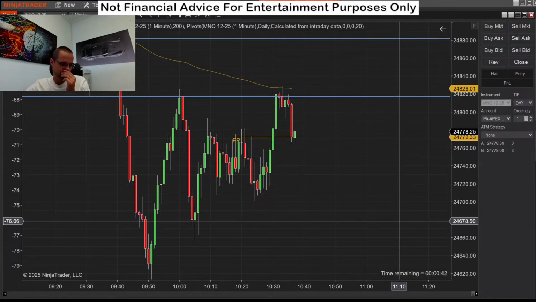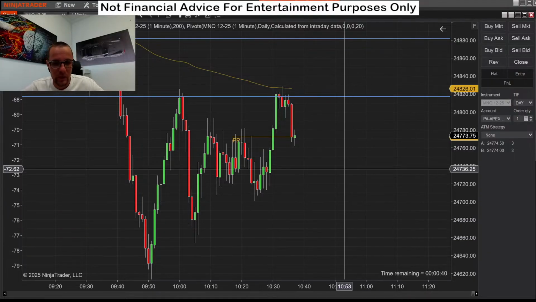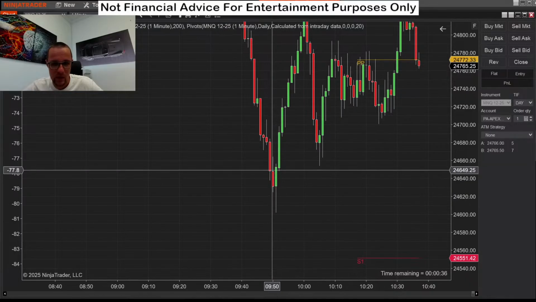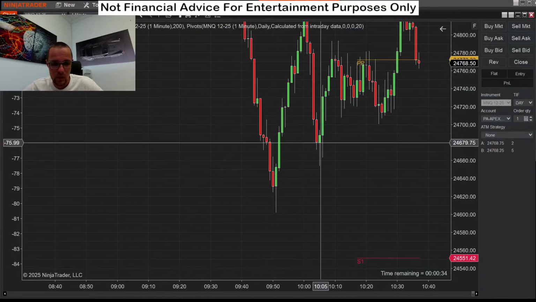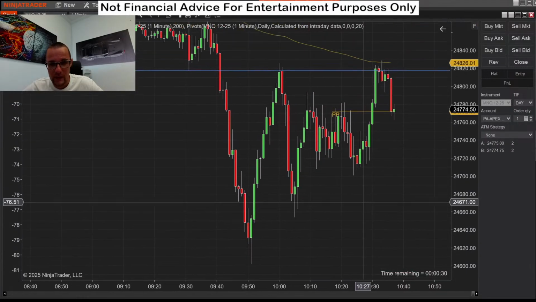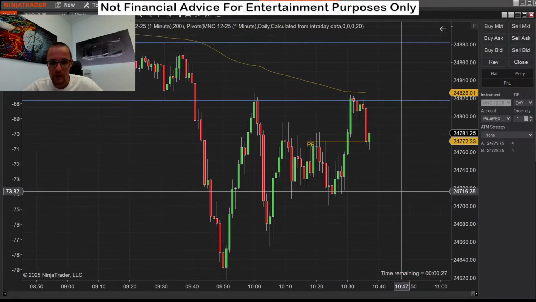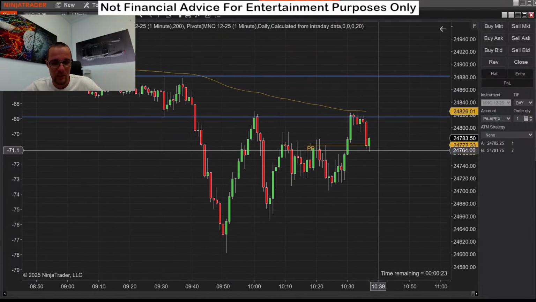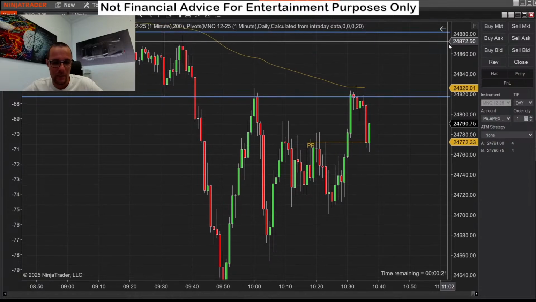So right now it's kind of in a weird area. Understand price action right now. We did make a low, we made a higher low, another higher low. So we're coming into almost like a bear flag type of deal going on.